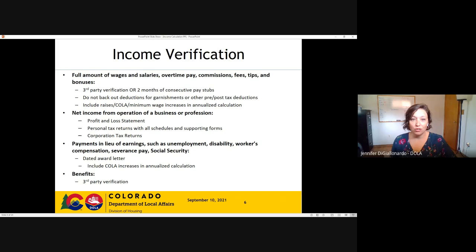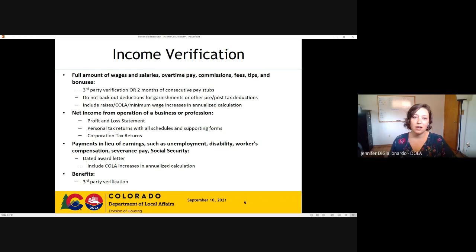The other option to verify wages and salaries would be to accept paycheck stubs. And it has to be 2 months of consecutive pay stubs. So if we have a little bit in August and then a couple later in October, that's not going to work. We want to see all the way through August and all the way into September.